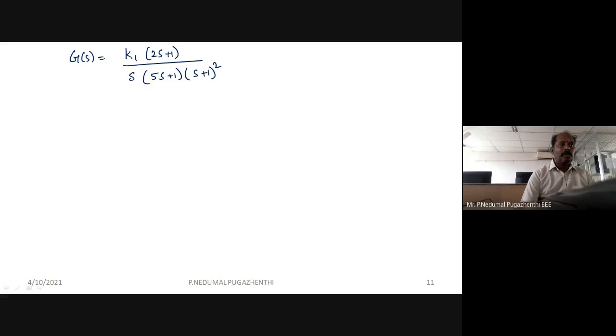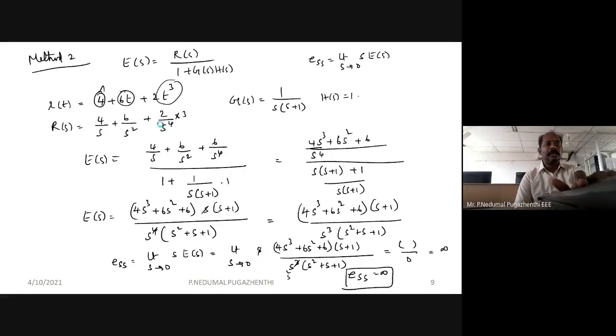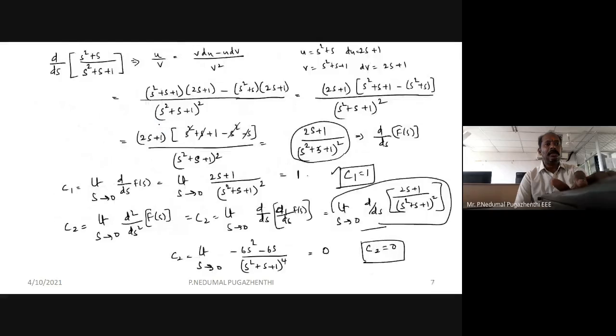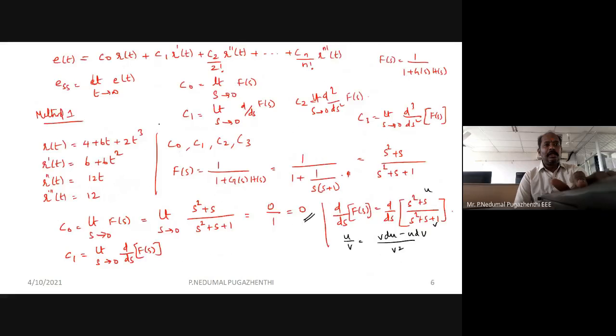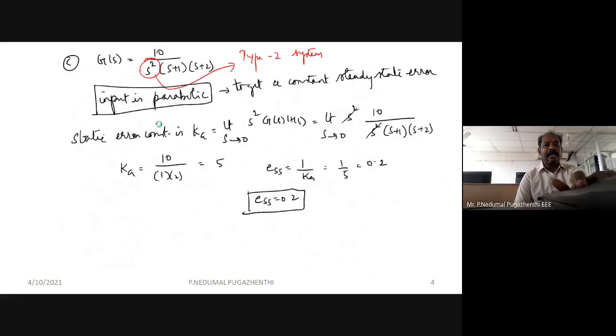They are asking for what is K1, right? We already know a tabular column. In the previous class, we discussed the tabular column. When will you get a constant steady state error, based on the type of the system?